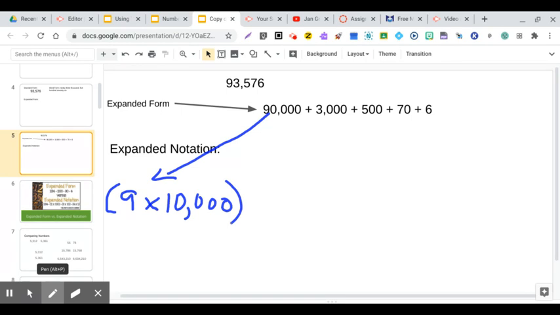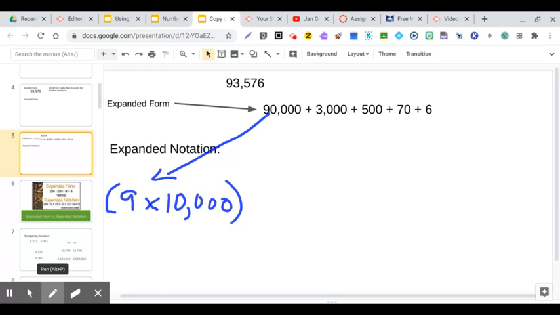The 9 is in the 10,000s place. I want you to whisper say that while I say it again. Ready? 3, 2, 1. 9 is in the 10,000s place. That's why we put it that way. That's why there's that 9 and the 10,000.